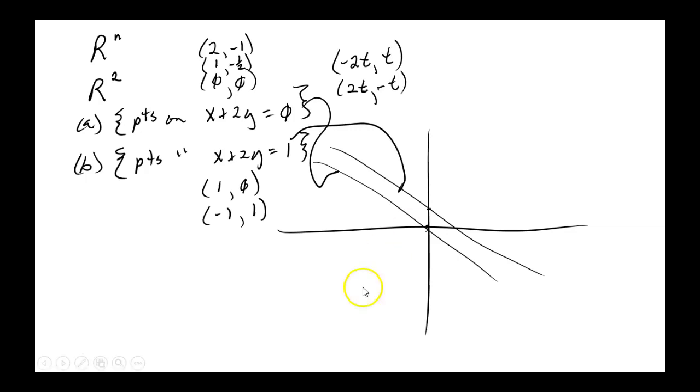Now, so based on that, of the two lines there, one is a subspace, the one that passes through the origin. It's characteristic of any subspace of R2.